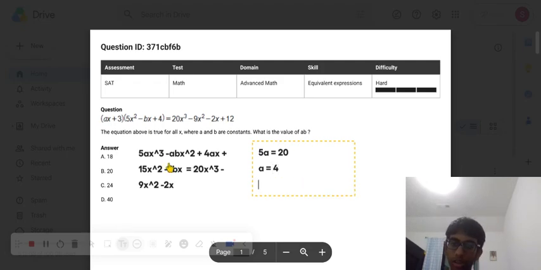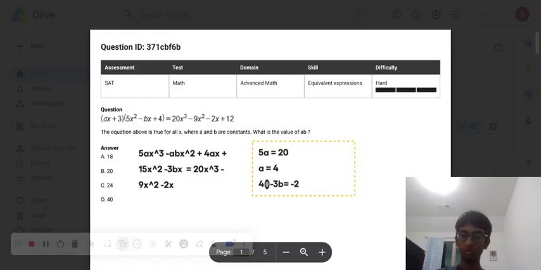And then if we look here, we can see that you have the equation 4ax minus 3bx, and then that should be equal to negative 2x, right? So dividing everything by x, we get 4a minus 3b should be equal to negative 2.